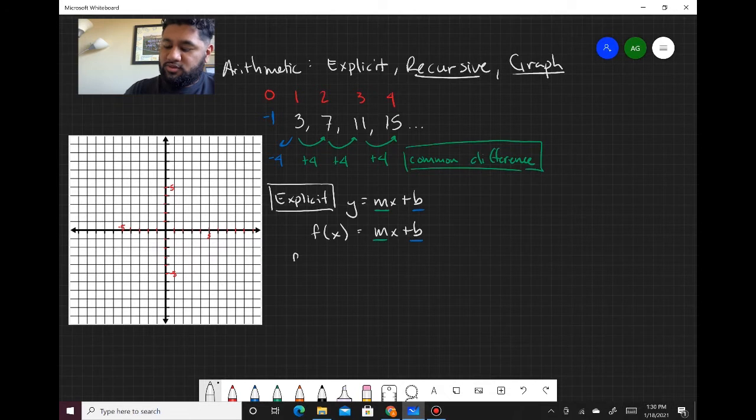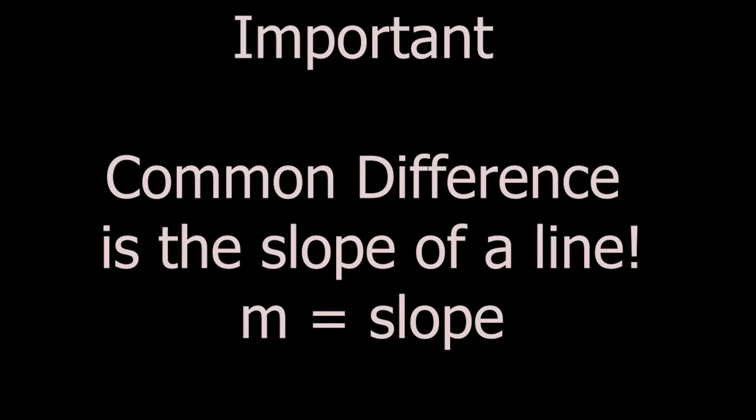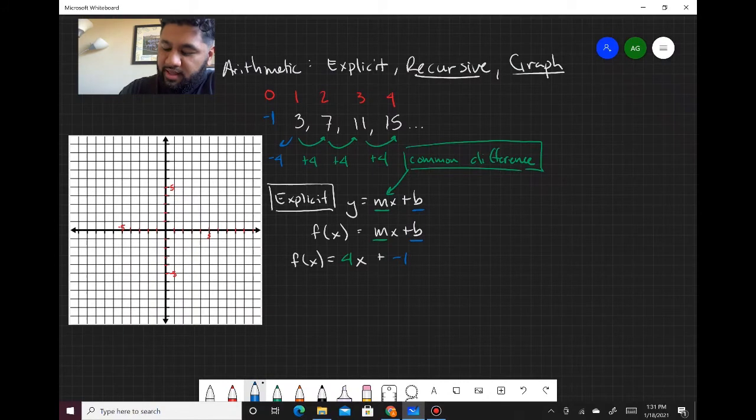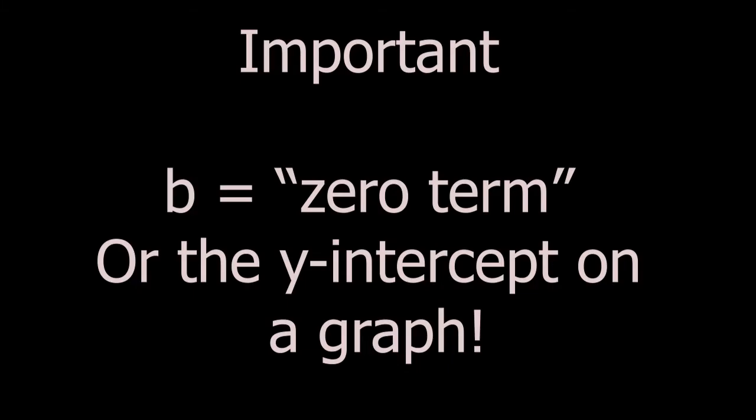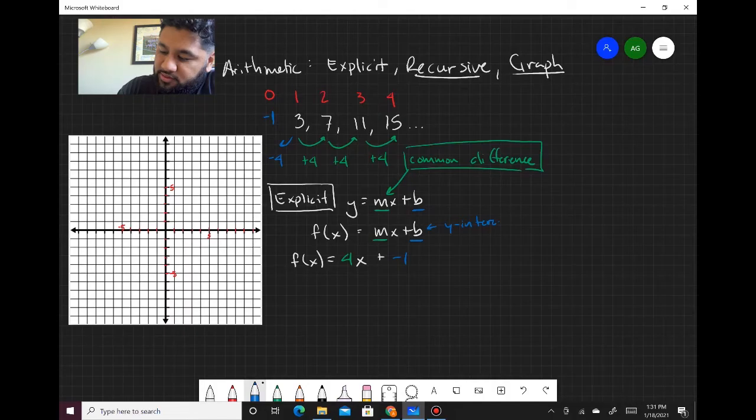So instead of y, from now on, I'm going to start writing f of x is equal to 4, because that's our common difference or our pattern, x plus -1, right? And remember, our common difference is our slope of the line. And our b is our y-intercept, or our 0 term.